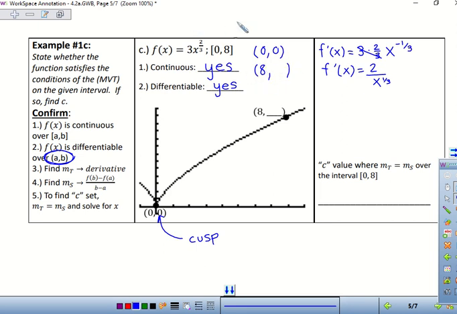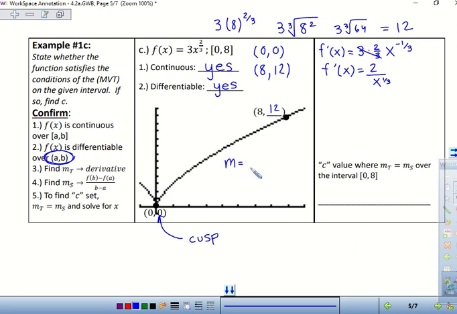Plugging it in. So if I plug this in, this is where your algebra skills have to come out. This is the same thing as the 3rd root of 8 to the 2nd power, which is the 3rd root of 64. Anybody know what the 3rd root of 64 is? 4. What's 4 times 3? 12. So it's 12. So now that we have the 2 points, we can find the slope.